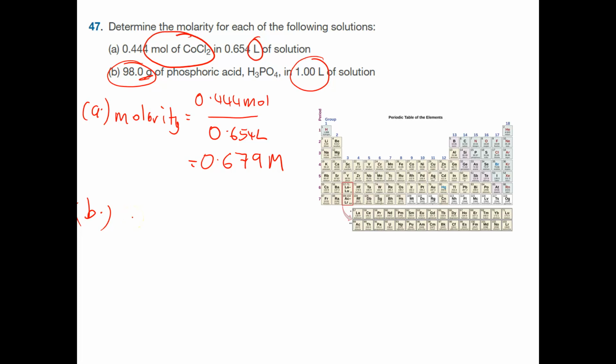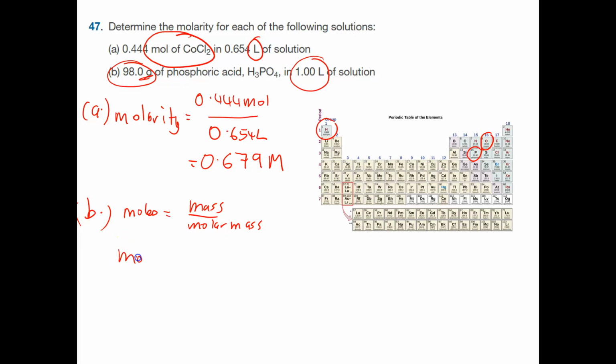So remember, what we're going to need to calculate the moles of something is the mass in grams over the molar mass. So we're going to need the molar mass of H3PO4. So let's see what we've got here.